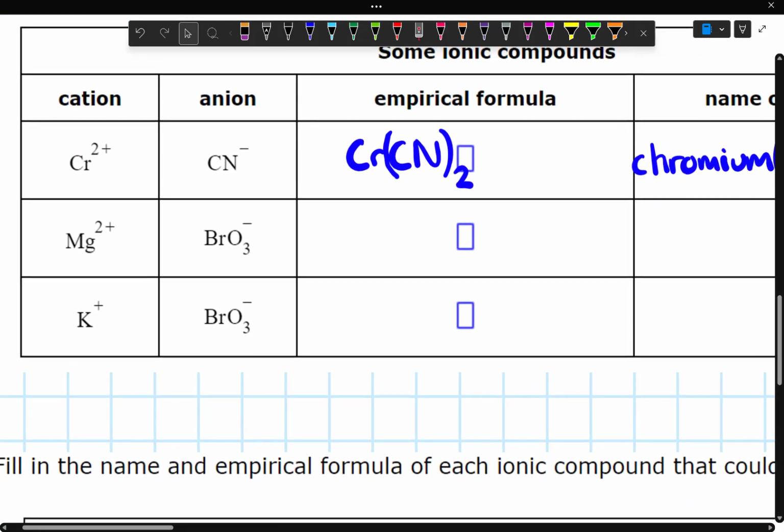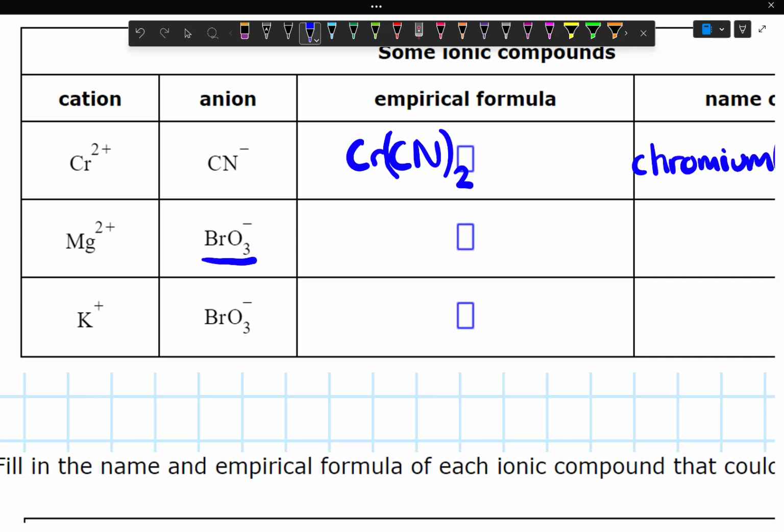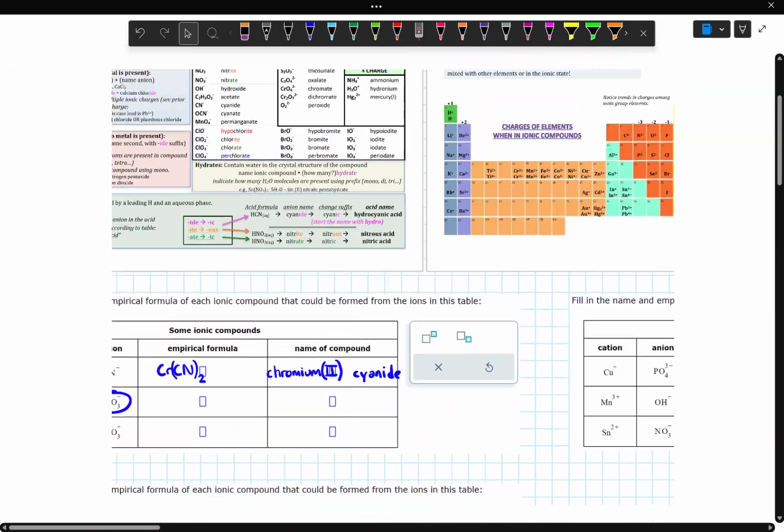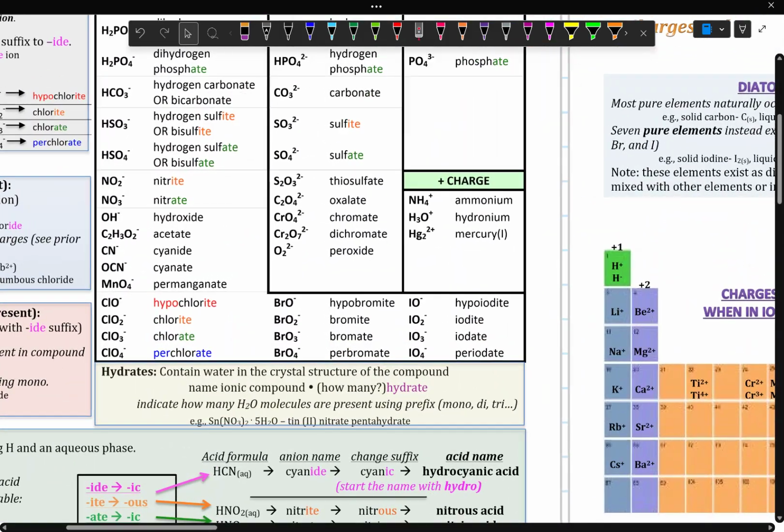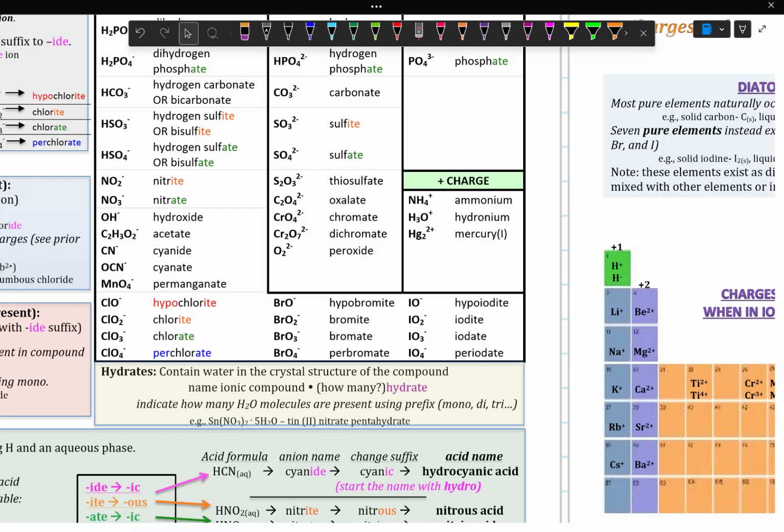Let's move on to the next one. So here we've got bromate and we have magnesium. And if you didn't know this was bromate, then just check your sheet and we can find that bromate is right here, and it has a -1 charge.